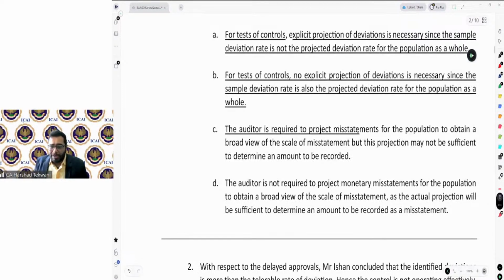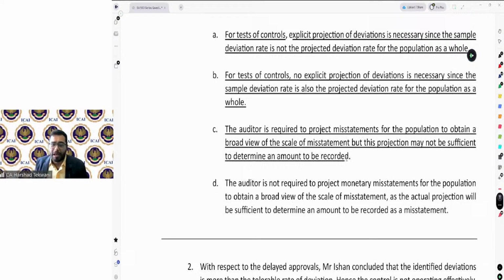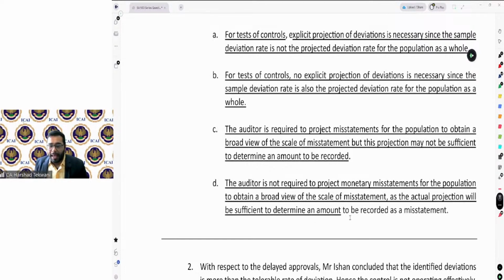The auditor is required to project misstatement for the population to obtain a broad view of the scale of misstatement, but this projection may not be sufficient to determine the amount to be recorded. The auditor is not required to project monetary misstatement for the population to obtain a broad view of the scale of misstatement, as the actual projection will be sufficient to determine an amount to be recorded as misstatement.